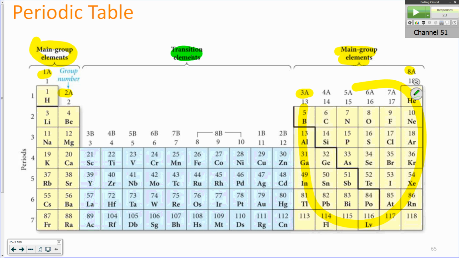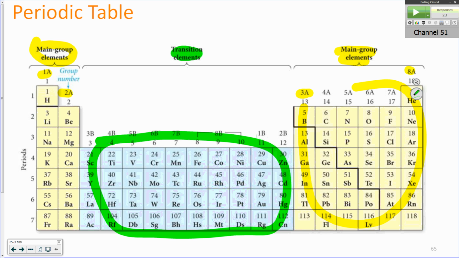So the transition elements are all these guys that are down in the middle. And the thing that you'll see, the notation that makes them a little bit different, they have a B on them, okay? The A's are easy. You start at the left, you go 1A, 2A, 3A through 8A, and everything goes sequential from left to right. B's, not so much, and we'll learn about those as we go into chemistry.